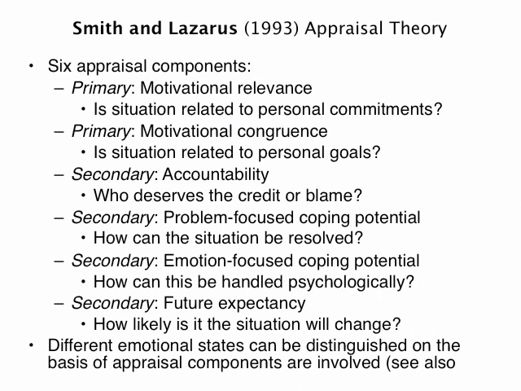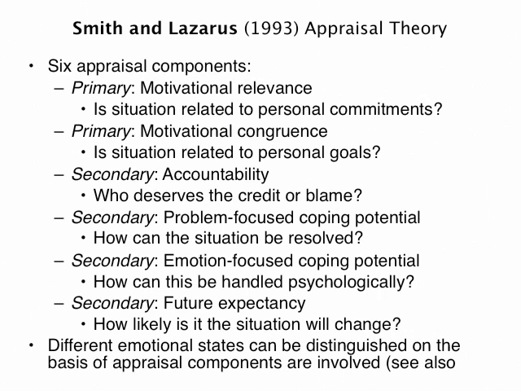Now, a refinement of this, you see here also from Lazarus, Smith and Lazarus in the early 90s, subdivided those three types of appraisal into actually 6 components. Each one has 2 parts to it. So the primary appraisal has motivational relevance and motivational congruence.